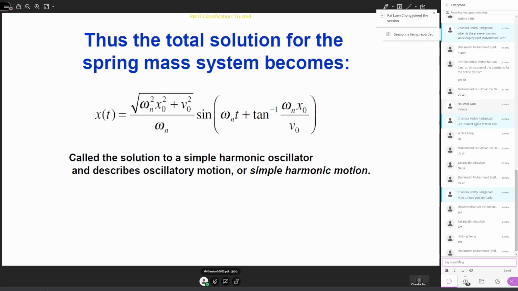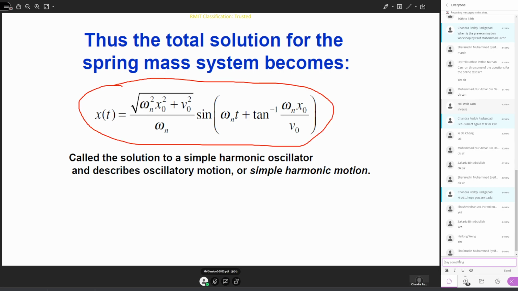So now the final response of the system can be given like this. We call this the solution for the simple harmonic oscillator, or simply the mass and spring system.